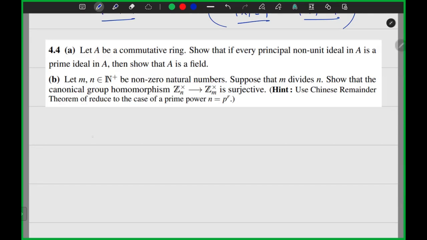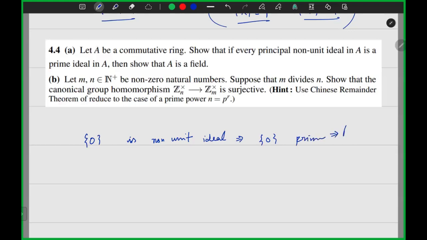We can take an element X and take the ideal generated by X. Nice. Starting with it is fine, but remember that 0 is also an ideal, right? Yes, so a non-zero element. The zero ideal is a non-unit ideal, so this implies 0 is prime by the hypothesis.